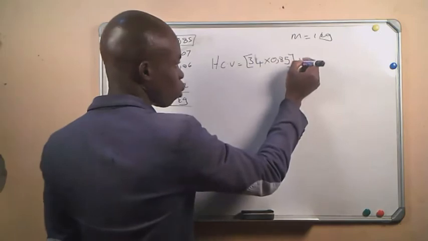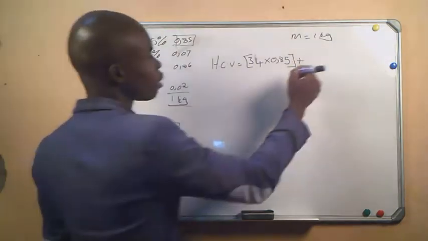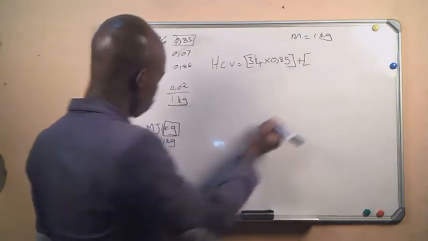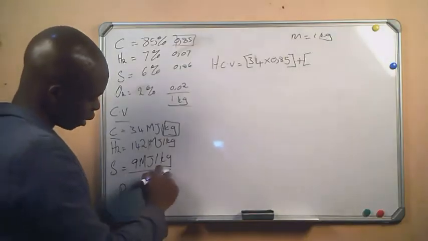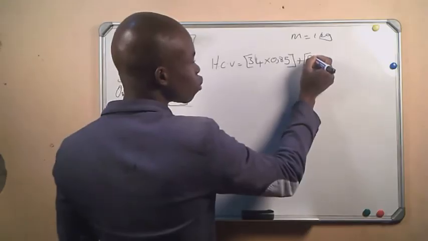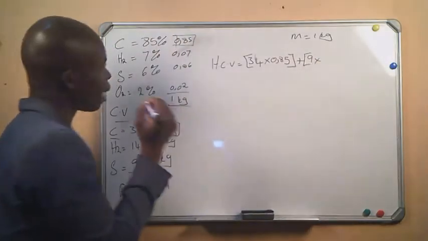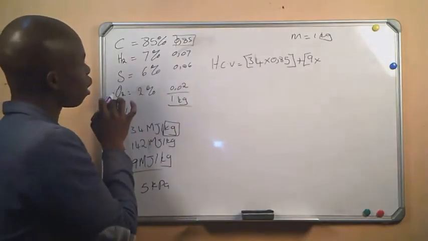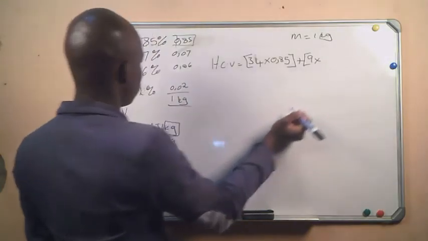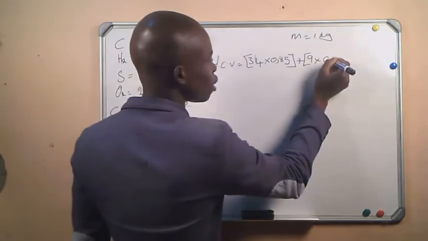And then we go to sulfur, with a calorific value of 9 megajoules, which will be 9 times the mass of the sulfur in the system, which is 0.06.